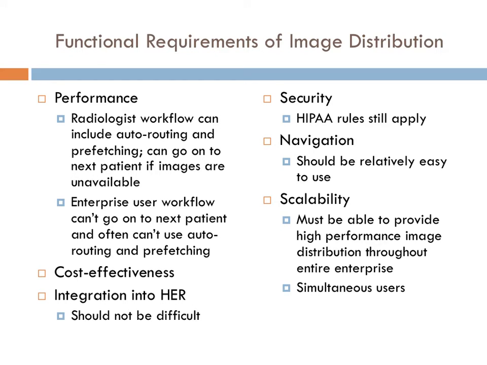So next we'll talk about functional requirements of the image distribution process, starting with performance. Radiologist workflow can often include auto-routing and prefetching. Auto-routing is pretty simplistic to its name. It is the automatic routing of image data sets from the modalities to the remote destinations based on predefined rules. An example of auto-routing is when all abdomen CT exams should be auto-routed to strictly the abdomen reading room workstation for that radiologist to read.